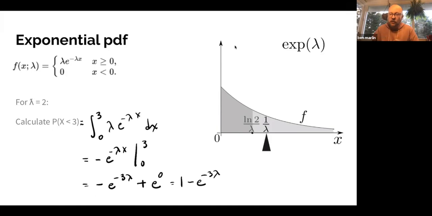Now, if you're following along here and you say, hey, Ben, why did you not put in the 2? Good question. Why didn't I put in the 2? So let's just go back and put the 2 back in here. Notice, though, that whole calculation, it didn't really hurt my hands with writing too much to have the lambda there instead of having the 2 there, right?